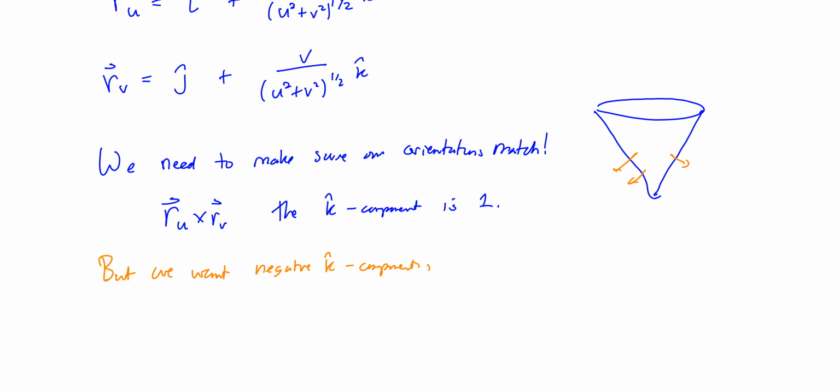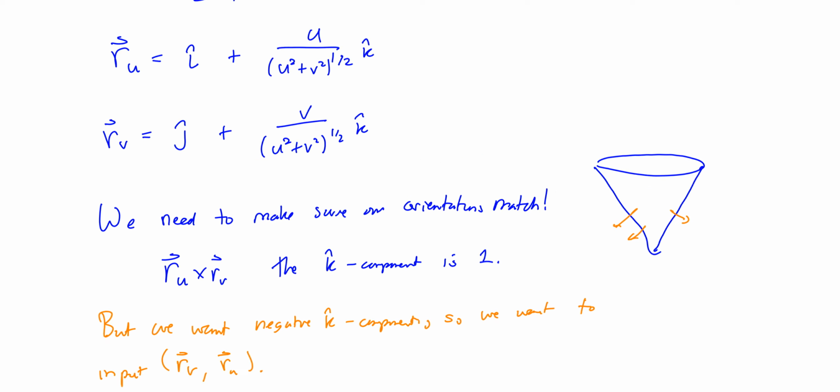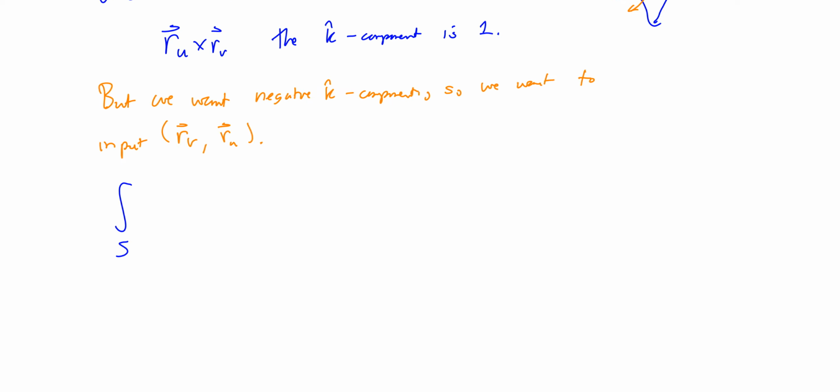So that means we want to input not r_u, r_v, but r_v, r_u in that order, to make sure our orientation matches up. Okay, so then let's go ahead and see what we're looking at.